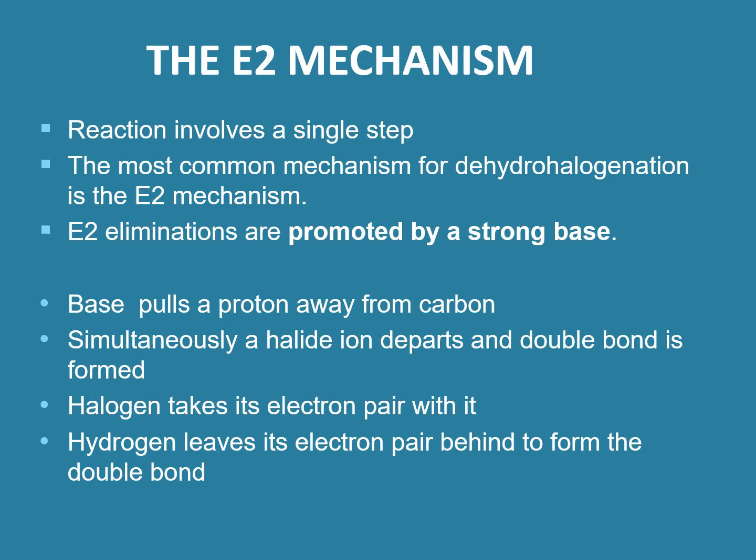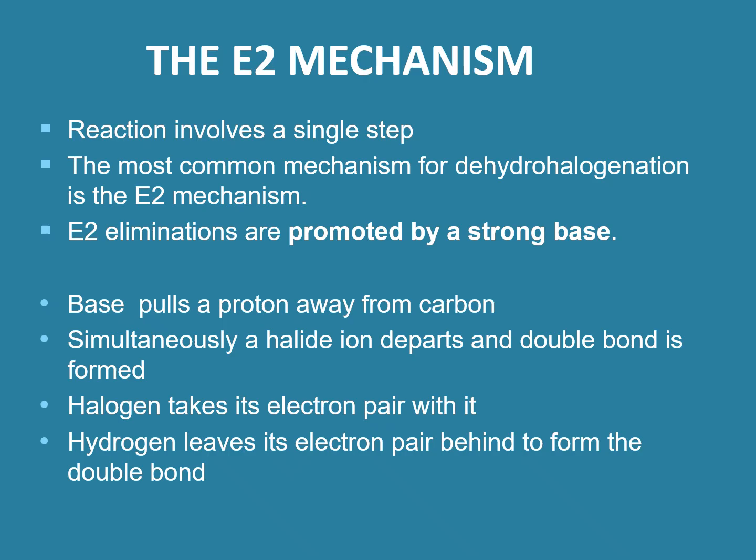And now we will discuss the E2 mechanism. As I have already said, this reaction involves a single step. That means the base pulls a proton away from the beta carbon atom.